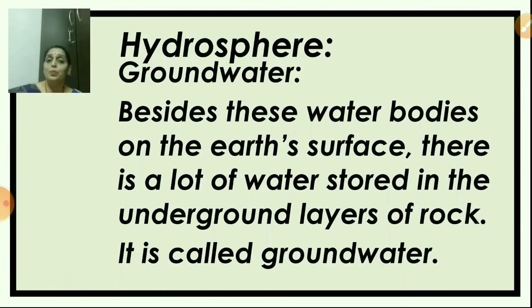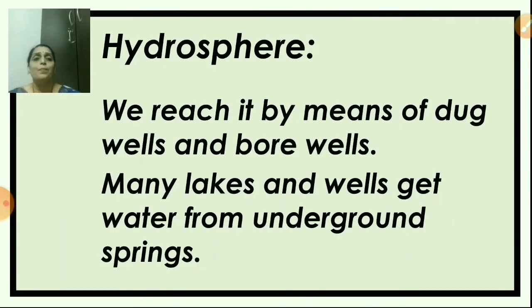In your native place, you might have seen the wells. Here in Thane or Mumbai, we have drinking water by tap, but in the native place, still there are wells, bore wells. So from where does the water come? That water is groundwater, which comes by the springs. We reach it by means of dug wells and bore wells.